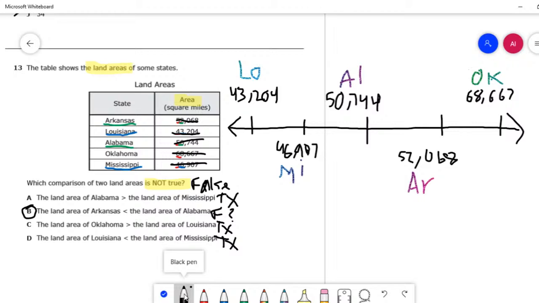So this proves how we can use a number line to really make comparing numbers a lot easier. So, does anybody have any questions about how to do that problem?